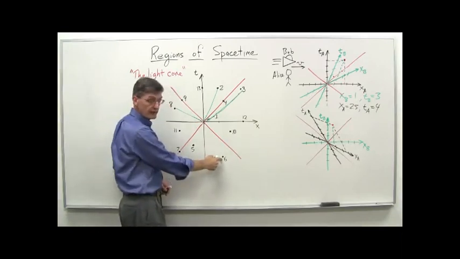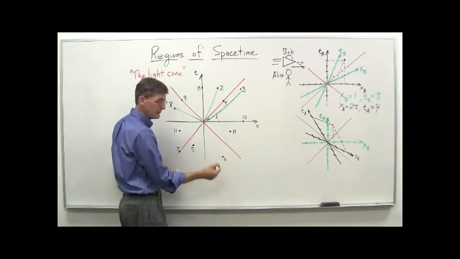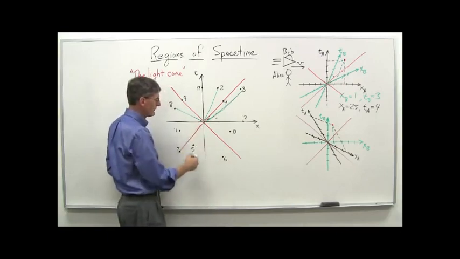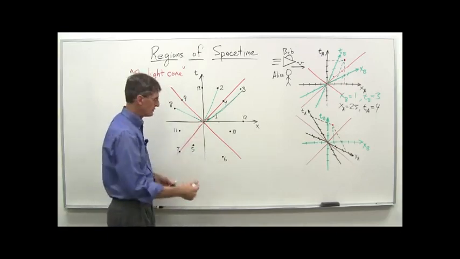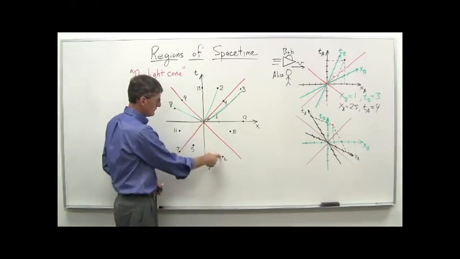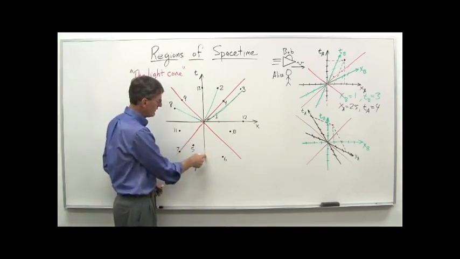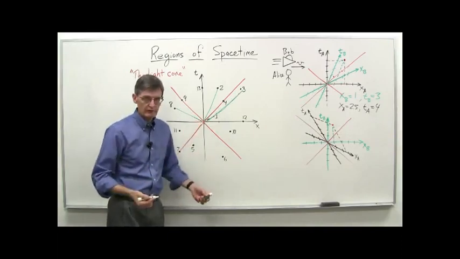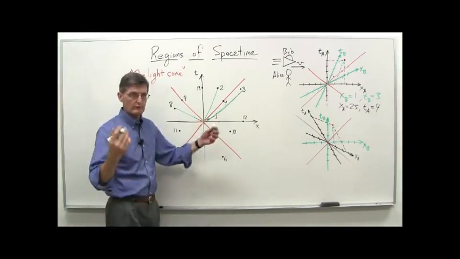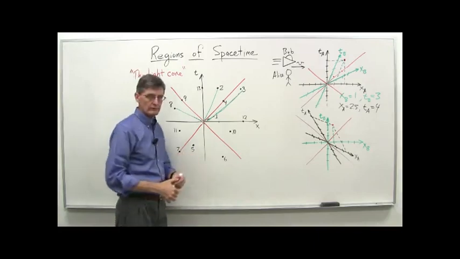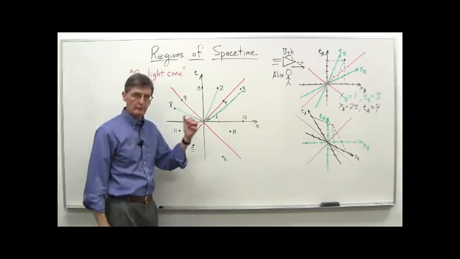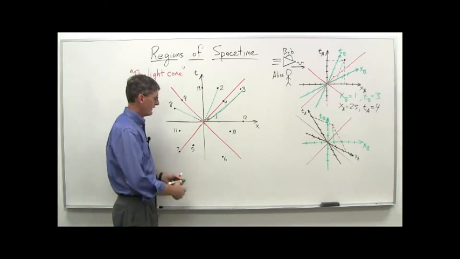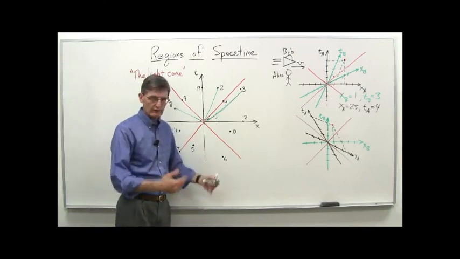If a space-time event at point 6 happens, and I want to affect something at 1 here, maybe I'm going to get in my spaceship and travel really in the x direction over to here, and also through time to that point, and deliver a message or something. Maybe there's a big vote in the Congress or Senate or Parliament or something like that, and I want to deliver a message to say, vote this way.